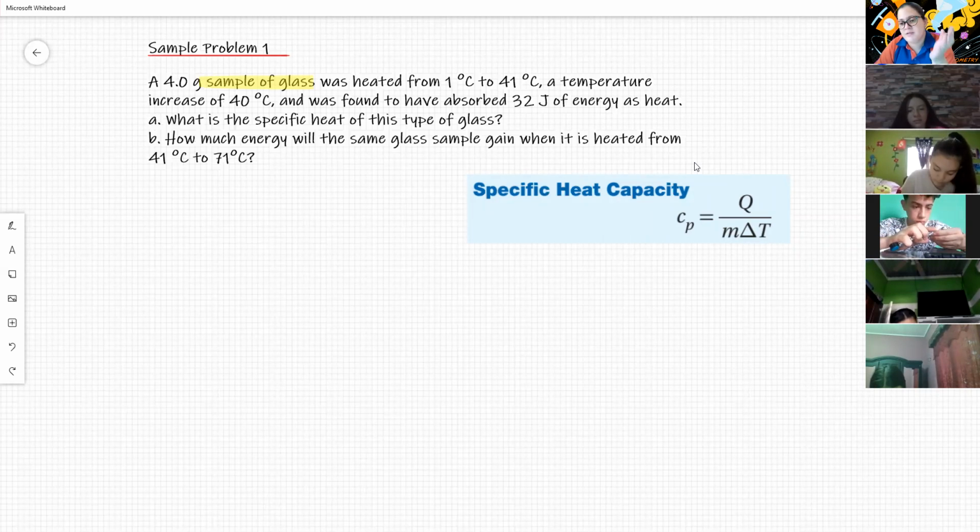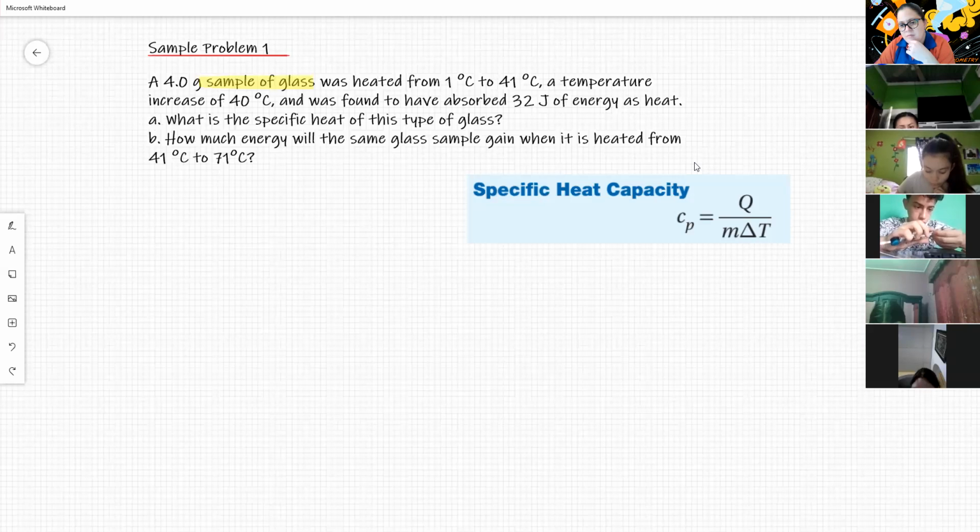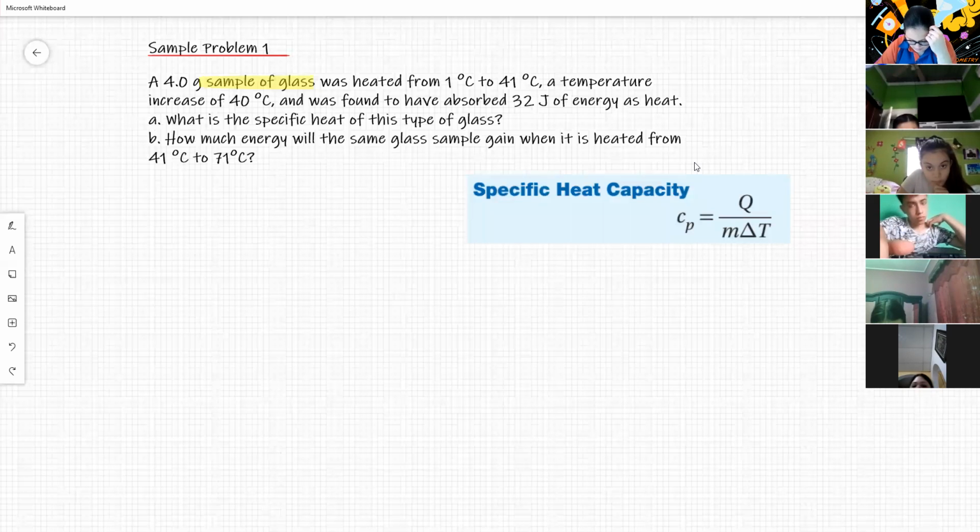How many substances are in this problem? One. One or two? Two. Okay, let's see.